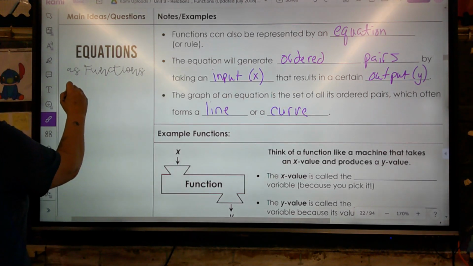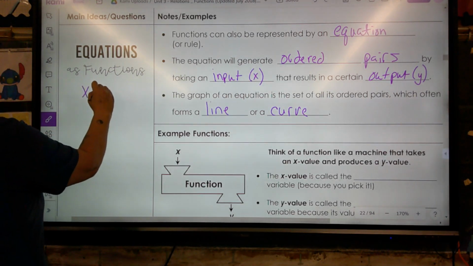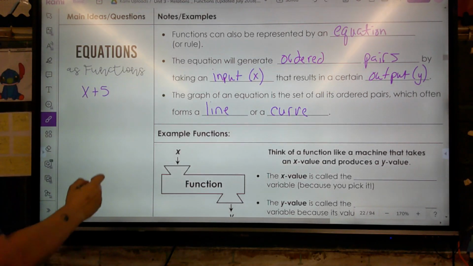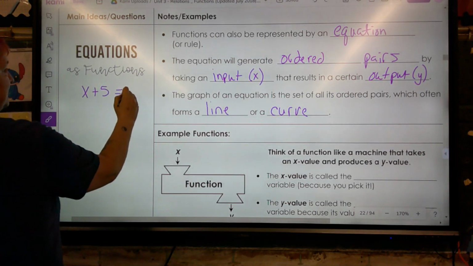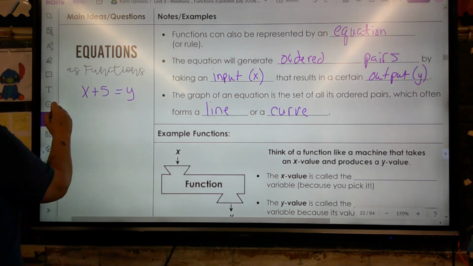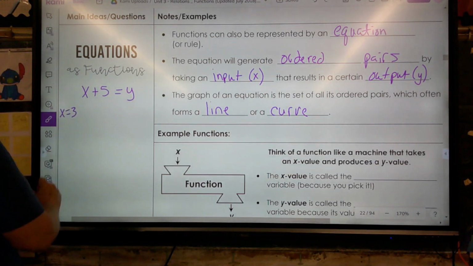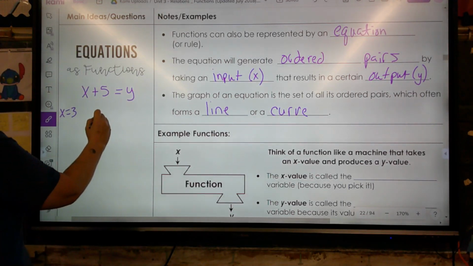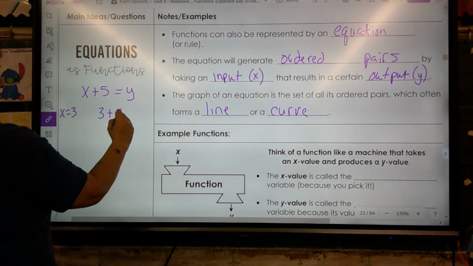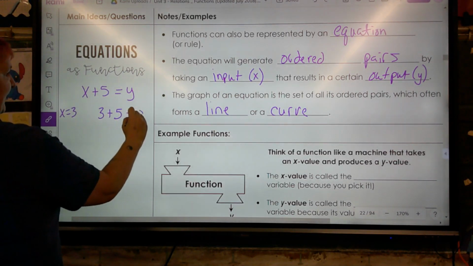Suppose you have the basic function x plus 5. But we don't know what it equals, so let's call that y. We can't use the x again, we're already using x. What if I say x equals 3? Well, that means I'm going to substitute the x for 3, and y is going to be 8.